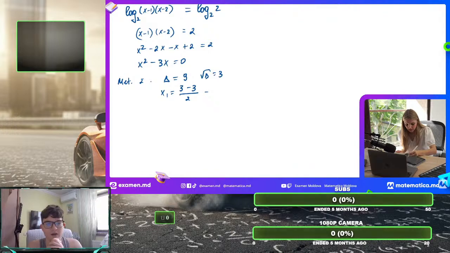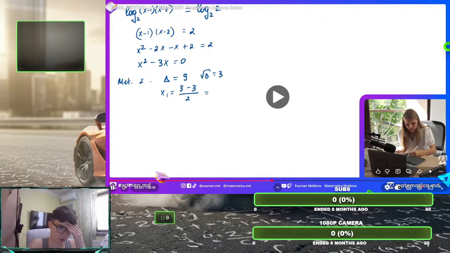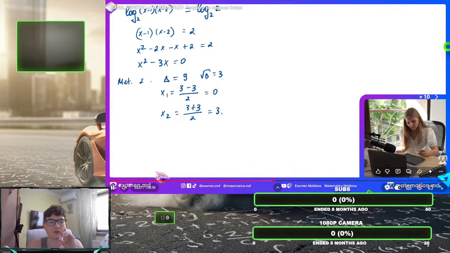Basically 9, yeah. Minus 4 times a, which is 1, times c. Okay, so c is 0, so that's 9, okay. So the square root of that is 3. First value we have 0. Second value should be 3, right? Okay, so we got that.